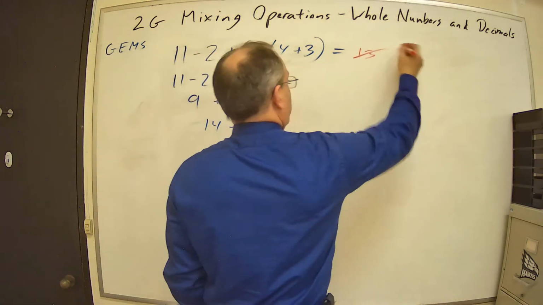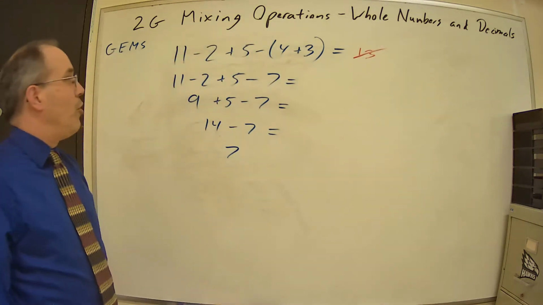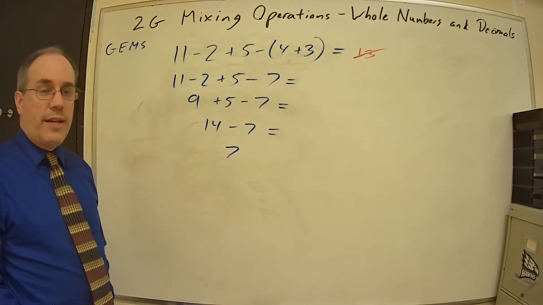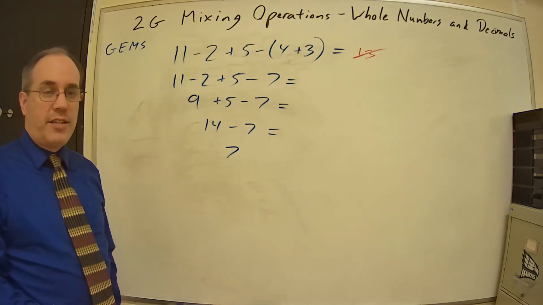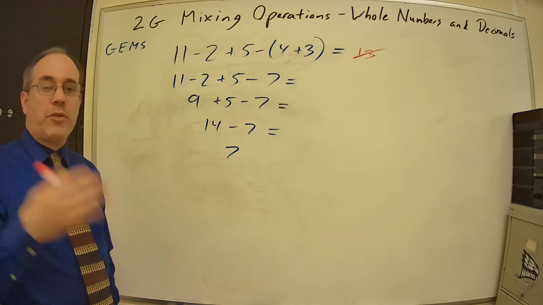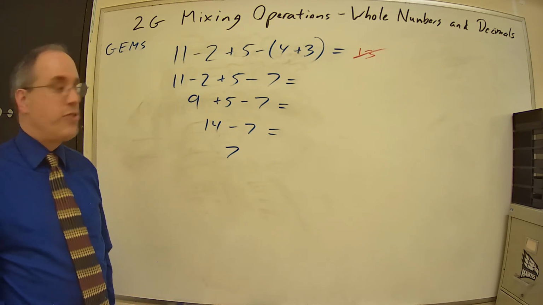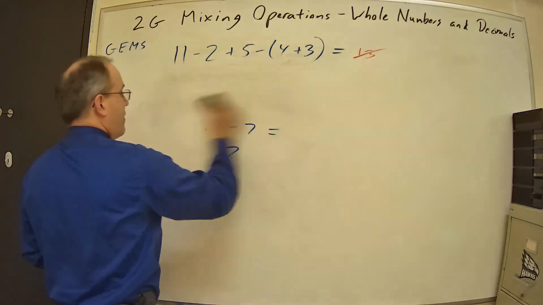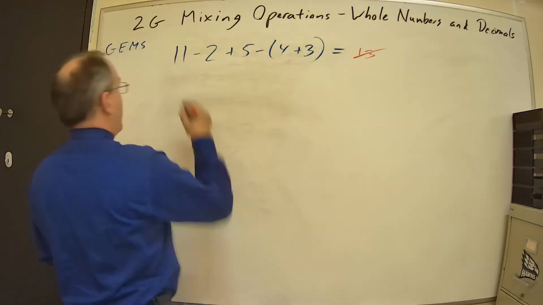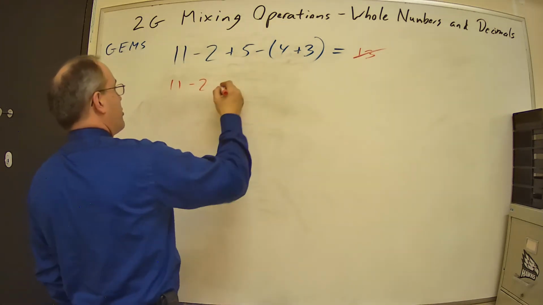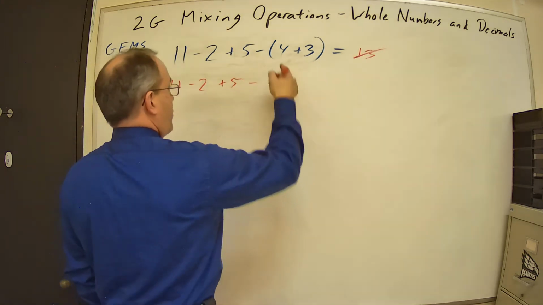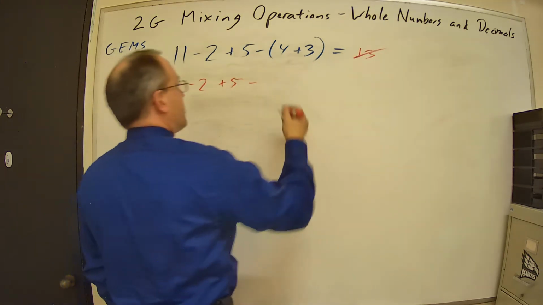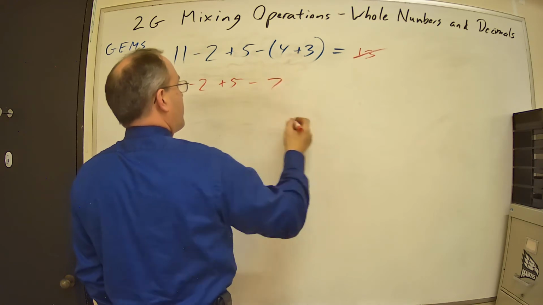So that's wrong. Okay? What if we tried to follow the PEMDAS and put addition before subtraction? So we follow the grouping and we say, okay, I have 11 minus 2 plus 5 minus, and we do the grouping, 4 plus 3 is 7.